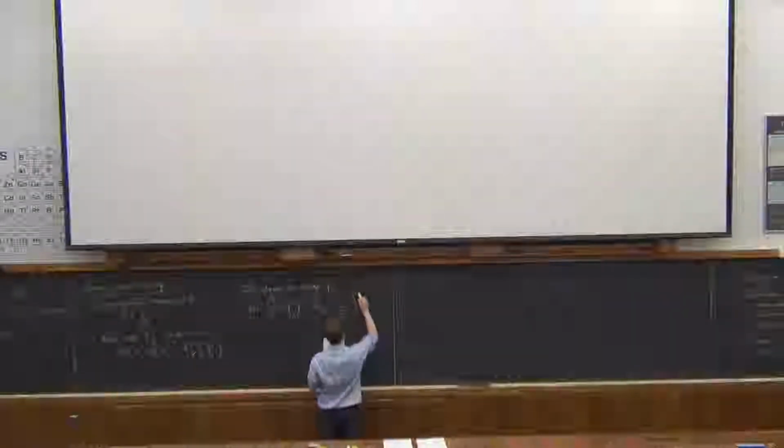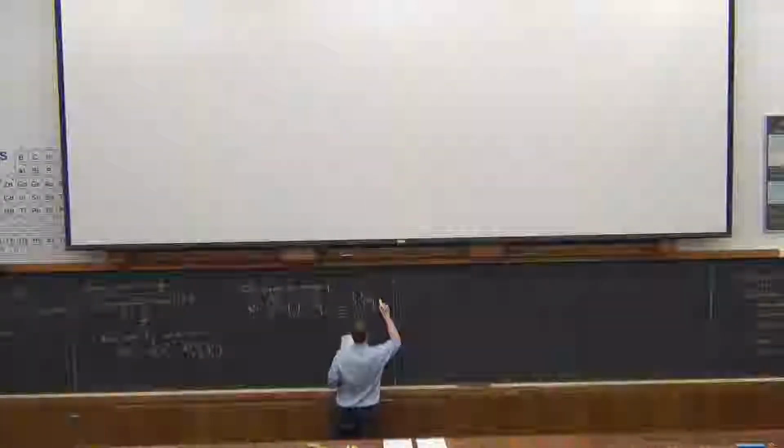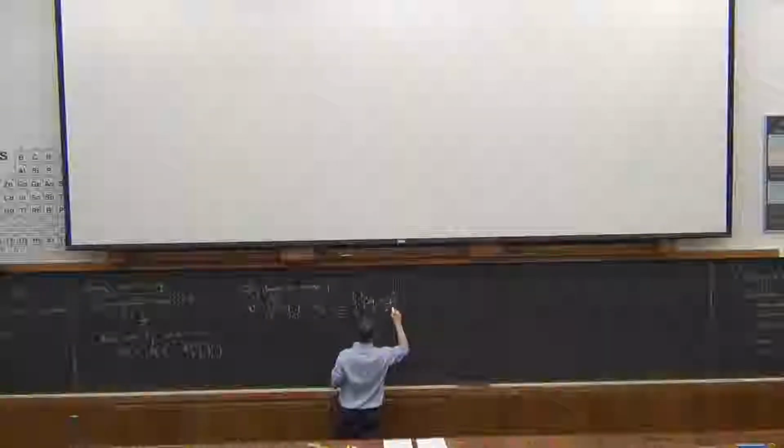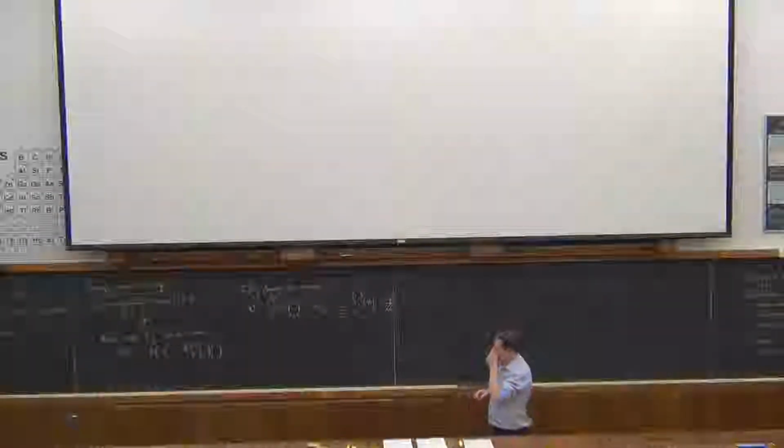So I'm going from 0 to Q, and I'm going to integrate this thing. So it is Q prime over C, dQ, and then when I do this, it looks like the following. And so, hopefully you can quickly convince yourself the answer here is Q squared over 2C.